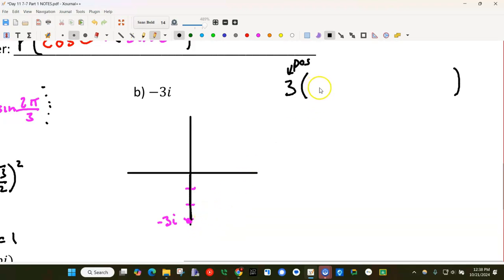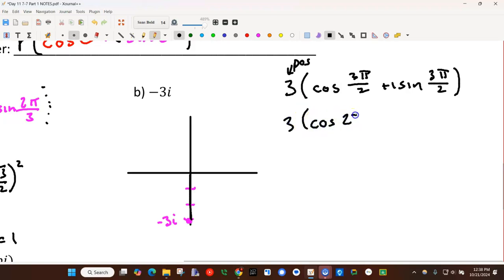And then what is the angle? What is that angle? Radians? 3 pi over 2. Right off the unit circle. Now you could write it as 270.